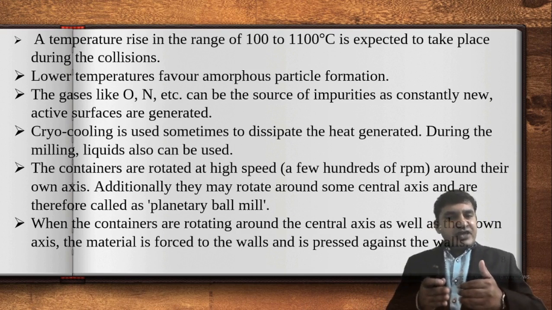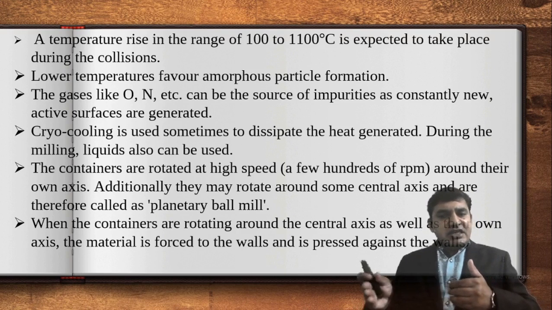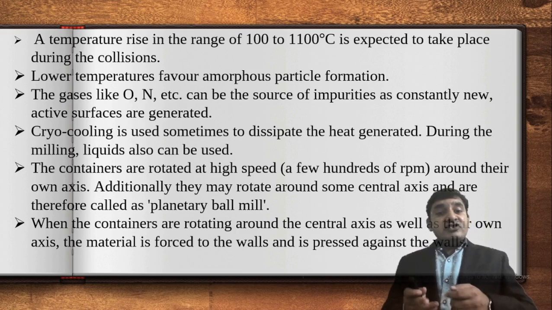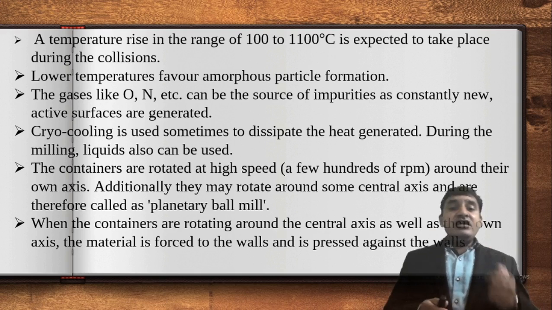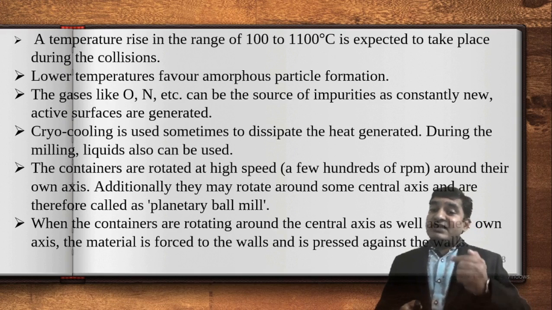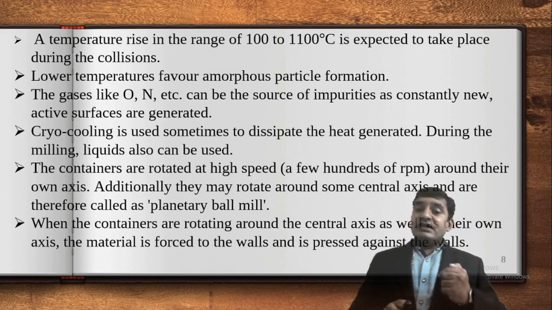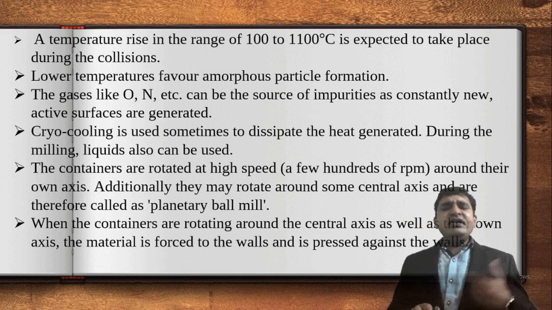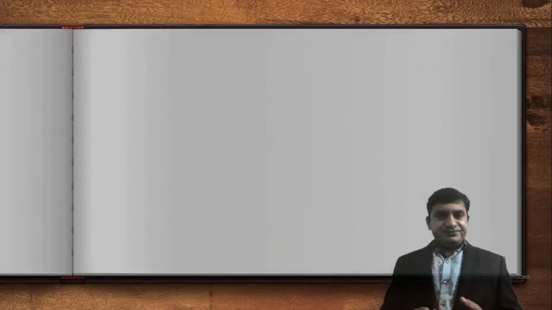The balls can press the material along the wall, because the container is rotating around the central axis as well as its own axis. So there is a cylinder inside the cylinder.